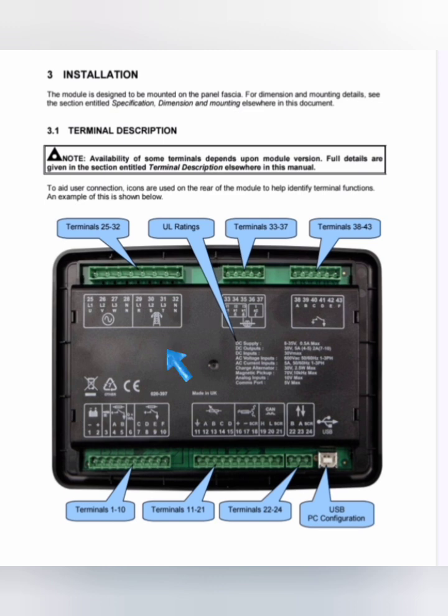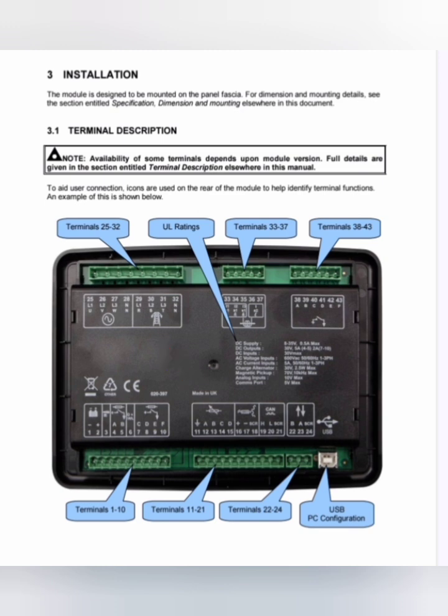And after that, as you can see here, CAN high and CAN low, and on the upper side, terminals 25 to 32 are the generator current inputs, generator inputs, and also the mains inputs, because this controller is used for auto mains failure.